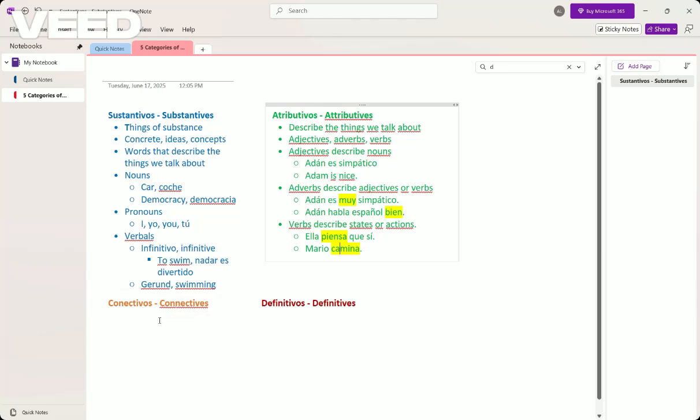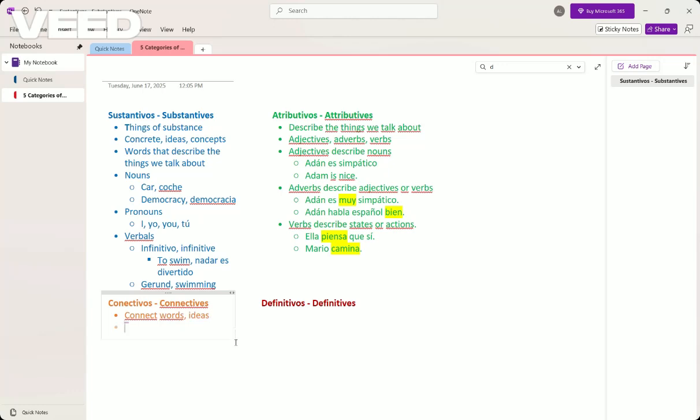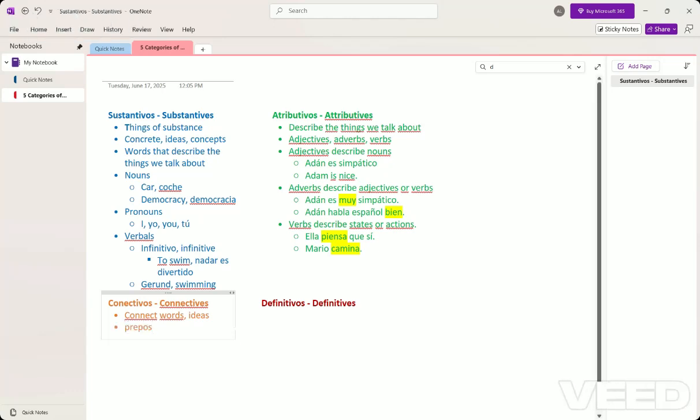Now, conectivos, these are probably the hardest. And as you would guess, they connect words or ideas. Okay. So there's several different kinds. The first one that I teach my students are prepositions.